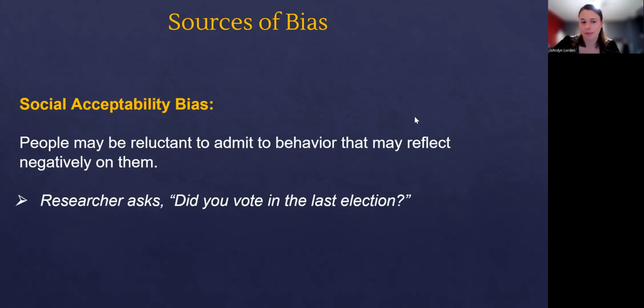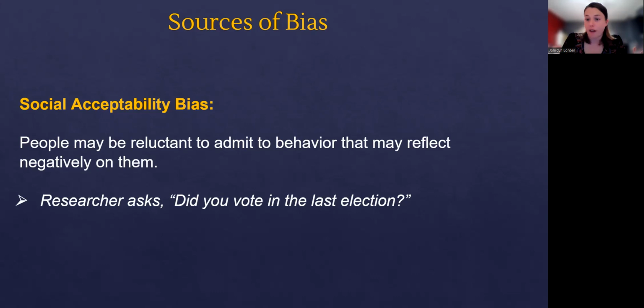Social acceptability bias. People may be reluctant to admit behavior that they feel can reflect negatively on them. One project some of my students did once, they wanted to do a study on whether people wear socks to bed, and they could not get anyone to answer their question because there was some social acceptability bias.